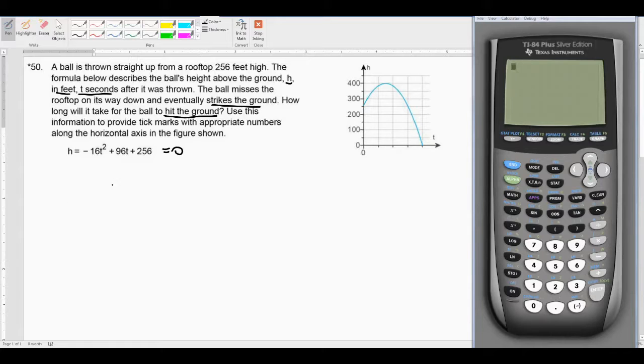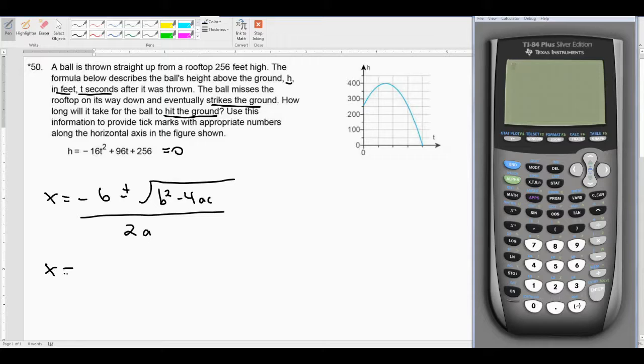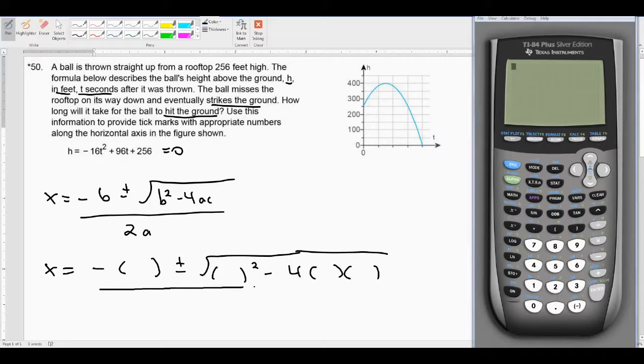So that means we're going to use a quadratic formula, which is x equals negative b plus or minus the square root of b squared minus 4ac all over 2a. Now I like to write this using not having any variables in it. That's what I always do, no matter what.